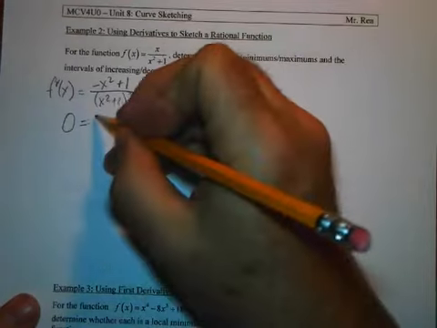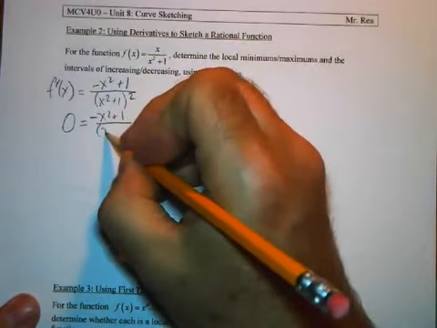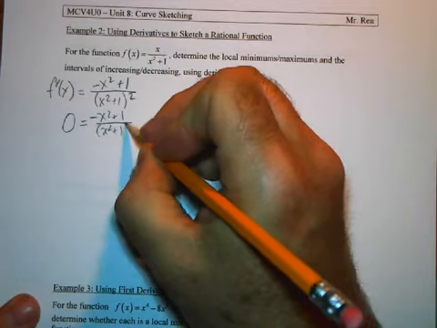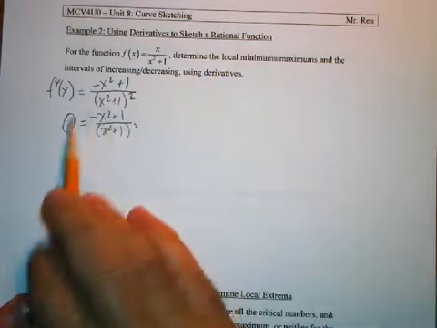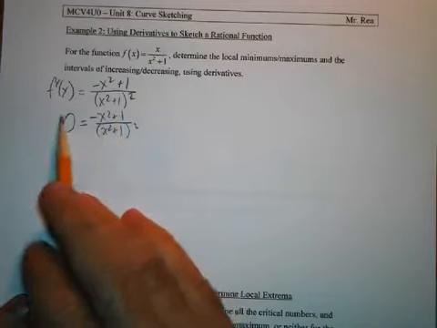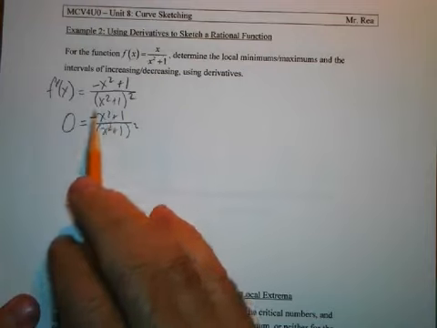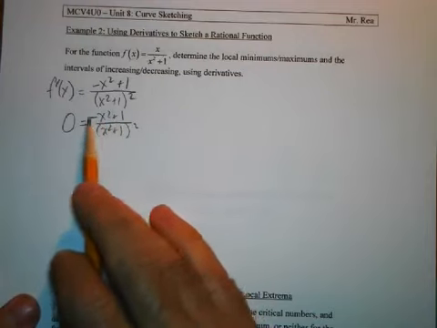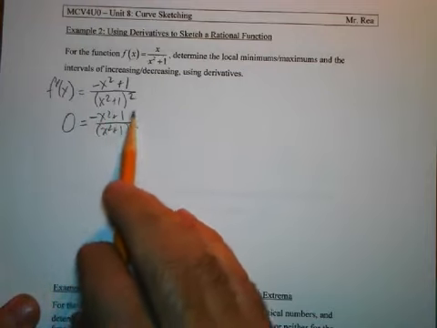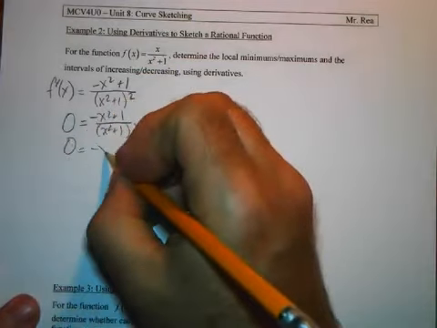So if I set the derivative to 0 and solve, hopefully you remember, if you have a rational function, you could cross multiply, but really if the right side is going to be 0, that means the top has to be 0. I think it's a nicer way of looking at it.